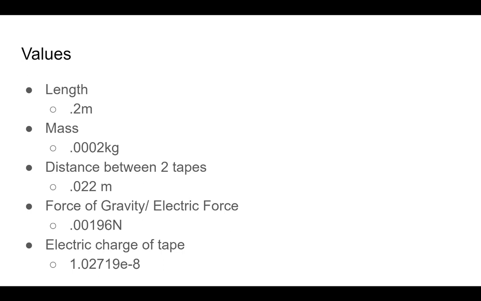Following that, you can get the electric charge of the tape: the force of electricity is equal to kq squared over r squared. Then you isolate for Q, and you can find the electric charge as 1.02719 times 10 to the negative 8.